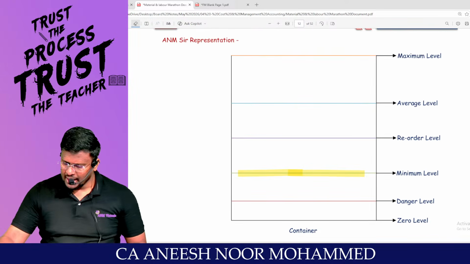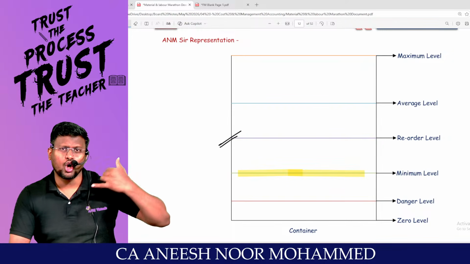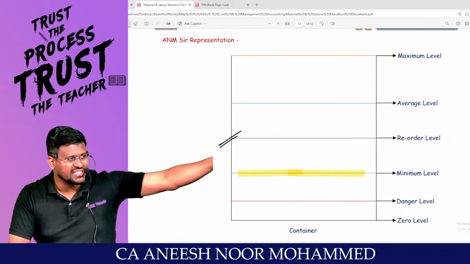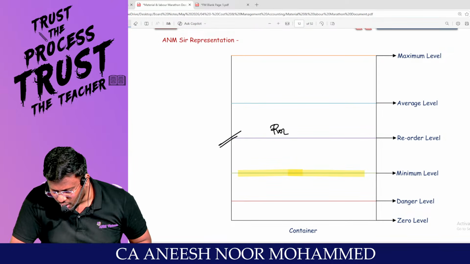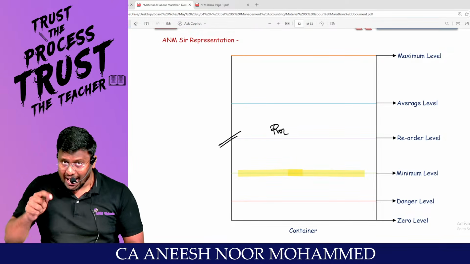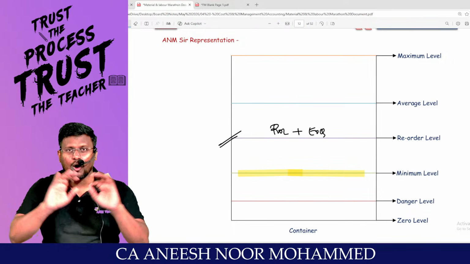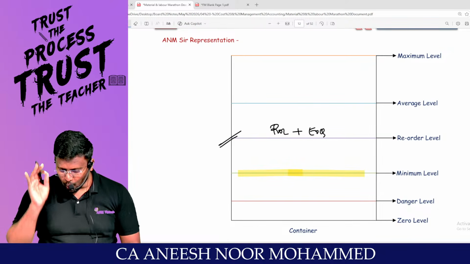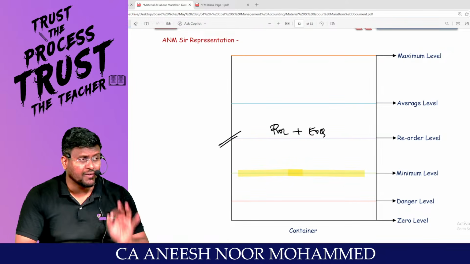Please picturize. And next one, reorder level. This is a level at which you will call your supplier and say, please send the next lot. This level is called reorder level. At this level, you will be ordering the economic order quantity. Reorder level is the level at which we will place the order.